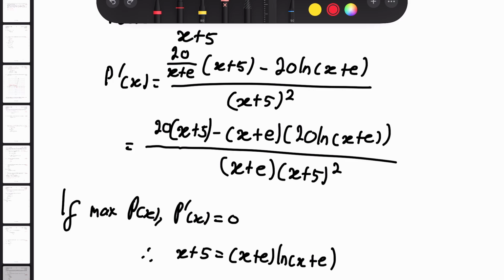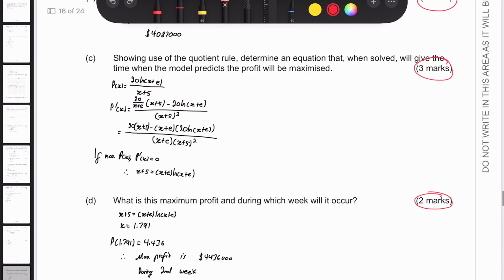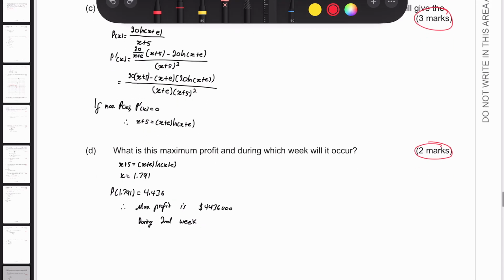And then we have x plus 5. I click solve. Let's see what I get. Do I get 1.791? Oh, what a surprise, I did. Okay, but yeah, that's the equation you have to solve.